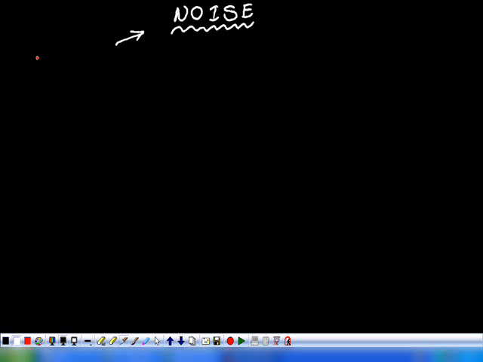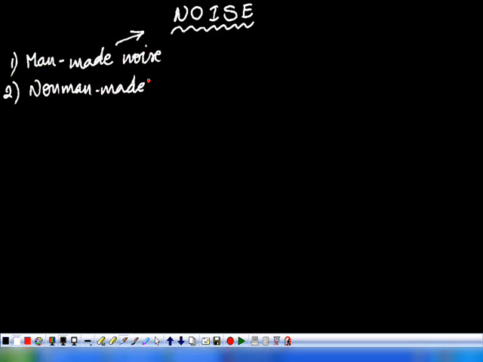Basically there are two different types of noise sources. One is man-made noise source, and another one is non-man-made noise.